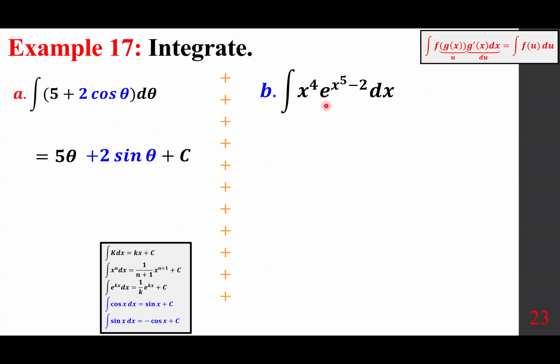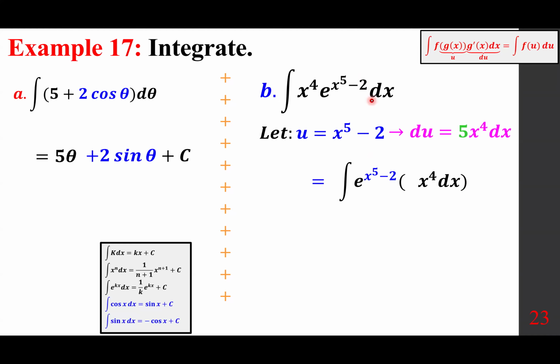Anytime e is involved, the exponent is a choice of u. And if u is x to the power of 5 minus 2, then du dx is 5x to the power of 4, which makes du 5x to the power of 4 dx. So we are going to move x to the power of 4 next to dx. So it becomes most everything is in order. What is missing is 5. And in most texts, they solve for dx.